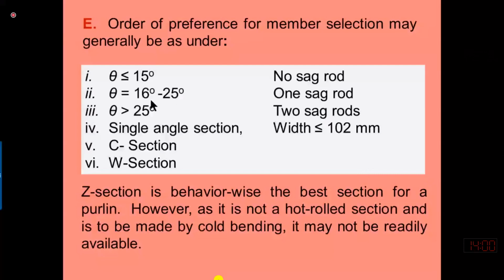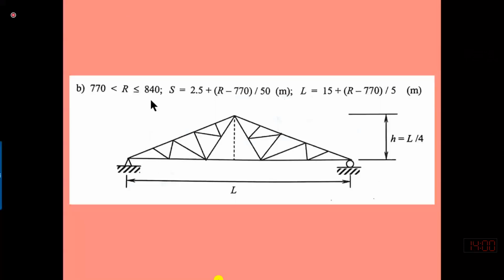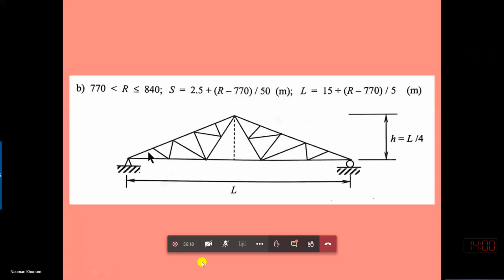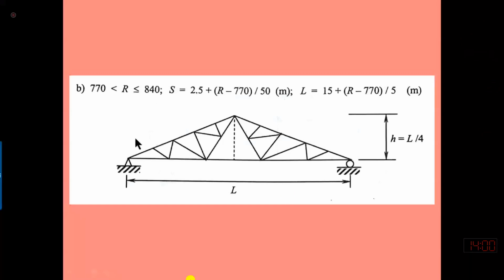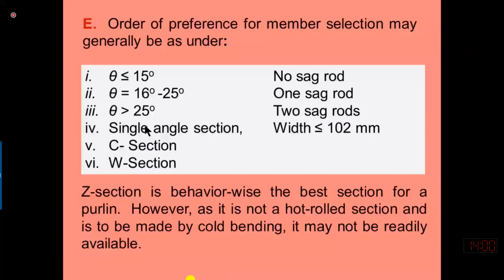What inclination? This is the angle of the top chord with reference to the bottom chord, so you have to compute this angle. And if the inclination is more than 25 degrees, we will always initiate the design by assuming two sag rods.